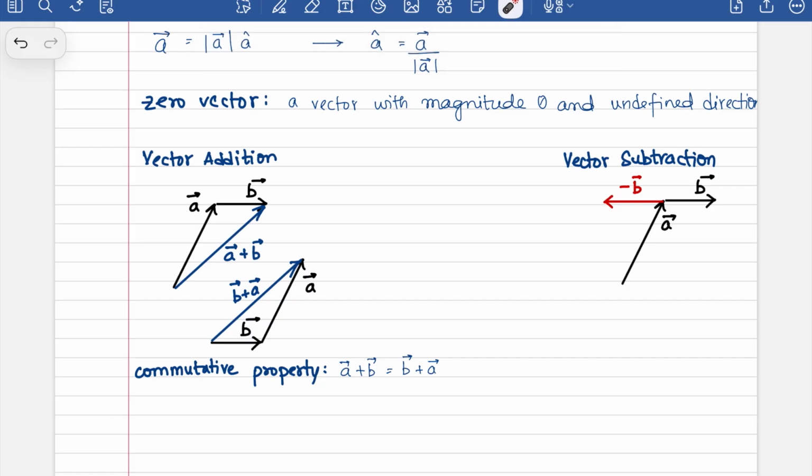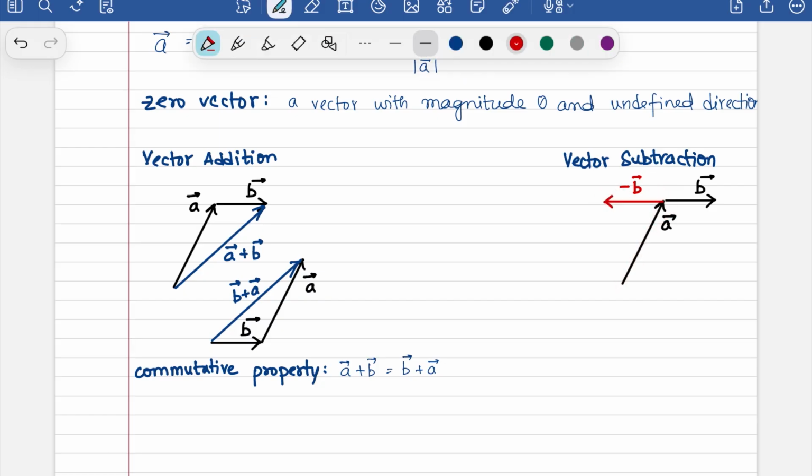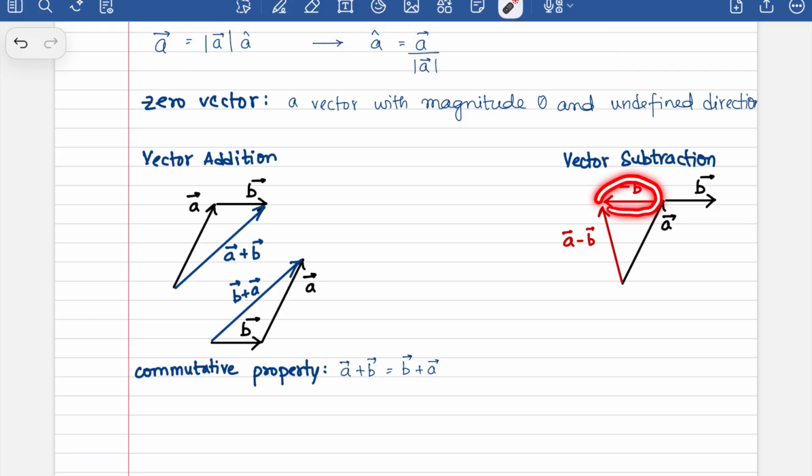And now what do you have? You have A vector minus B vector, which then gives you this guy here, as A vector minus B vector. So does this vector here have a negative magnitude?